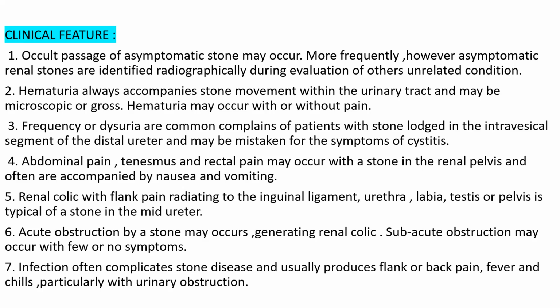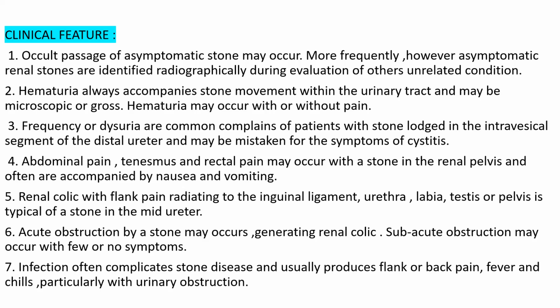It means there is a stone but you can't feel it, it is asymptomatic, it is not visible. So that kind of passage or features you can get in a person. That is occult passage of asymptomatic stone may occur. Or simply, there was a passage of stone, but that passage was hidden.